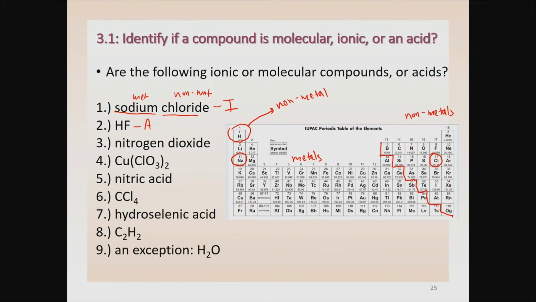Okay, next compound is nitrogen dioxide. Again, you have a name, so ask yourself this first question. In that name, do I see the word acid? And the answer is no. So nitrogen dioxide is not an acid. And so the next question you ask is, does this name have a metal? We need to check nitrogen and oxide here.